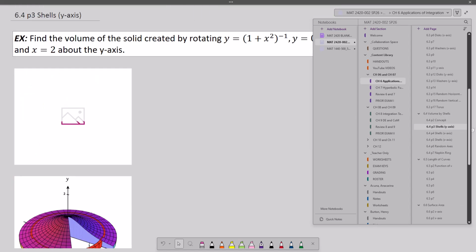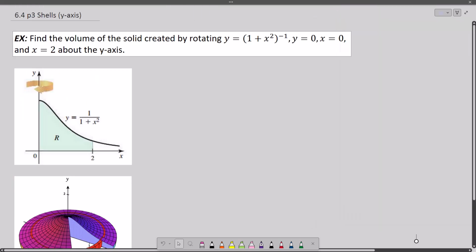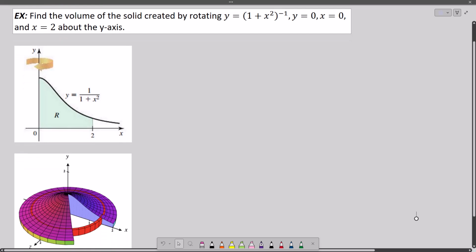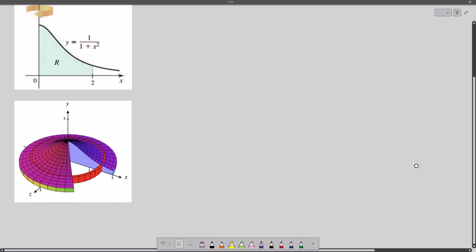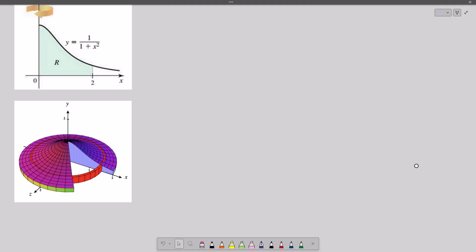So let's see. All right. So we've got this region. It's going to rotate around the y-axis. It's going to create this bell-looking thing. Our cross sections are now a little weirder because they're nested. So if we take a random vertical element, because this region is vertically simple, that's a random vertical element at x. When it rotates around this y-axis, it's going to create a cylinder.